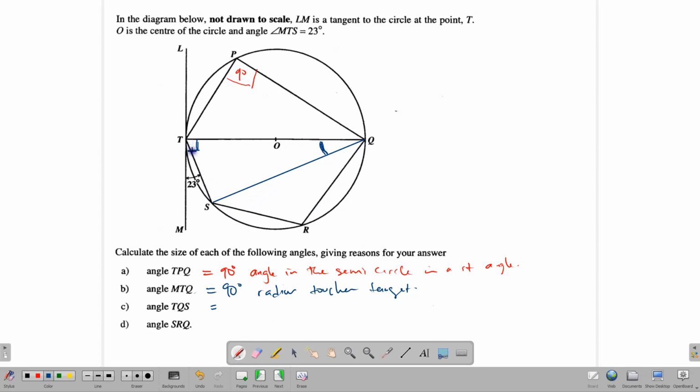This line TS now becomes a chord, and we notice that there's an angle drawn on that chord. Here it is. The angle between the tangent and the chord is equal to the angle drawn on the chord. So we know for that reason that this angle is 23 degrees. That is the reason you would write: the angle between the tangent and the chord is equal to the angle drawn on it.